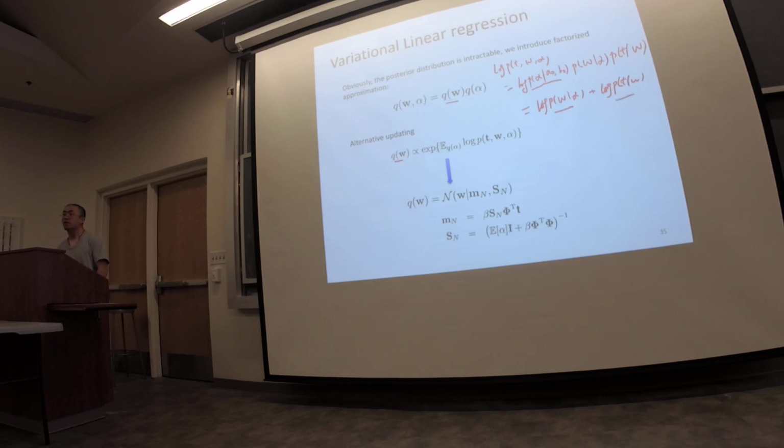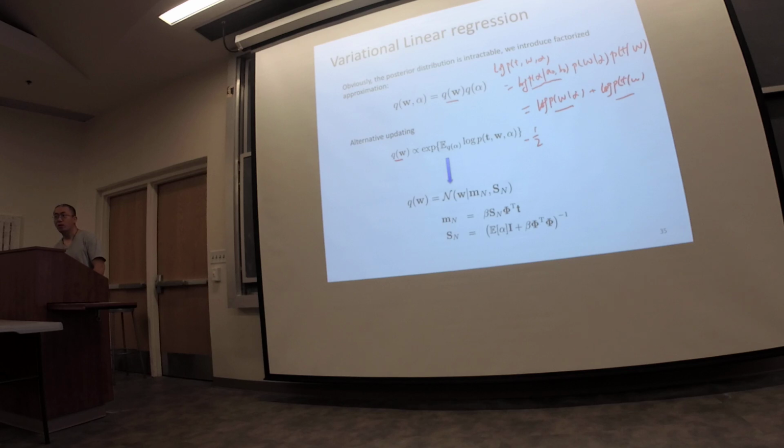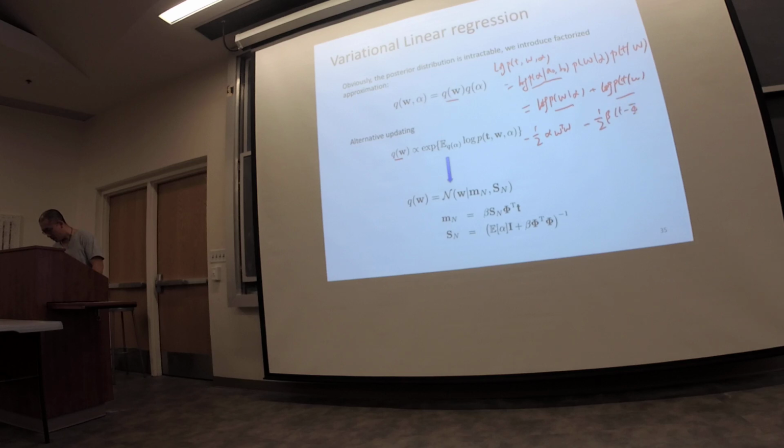This one is a Gaussian, and this one is a Gaussian. So if you take a logarithm and extract terms related to W, you get just the two quadratic terms: minus half alpha W transpose W minus half beta (T minus ΦW) transpose (T minus ΦW).